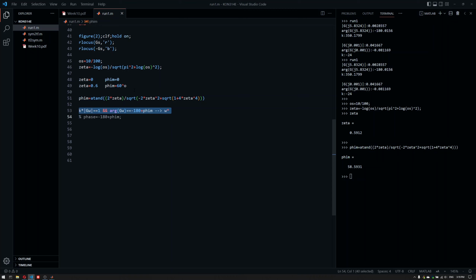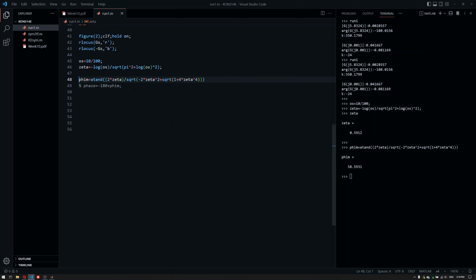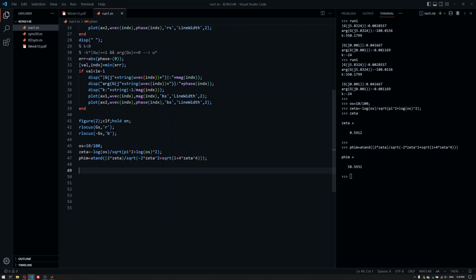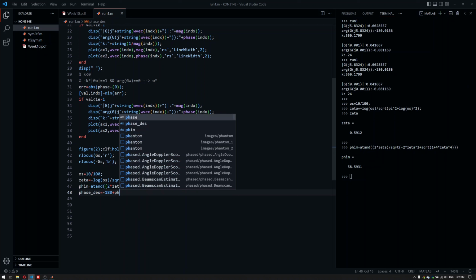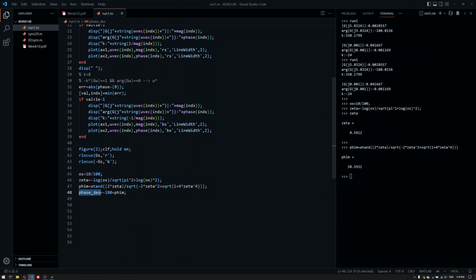So I'm basically going to just calculate this phi m here. Let me delete everything here. And I'm going to search for the following. Let's call it phase desired maybe. And we're looking for minus 180 degrees plus phi m. So the desired phase value is going to be this.